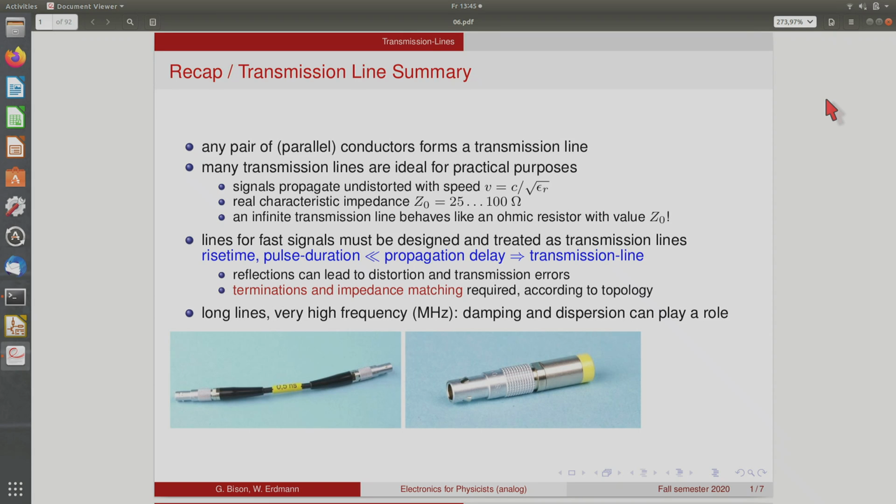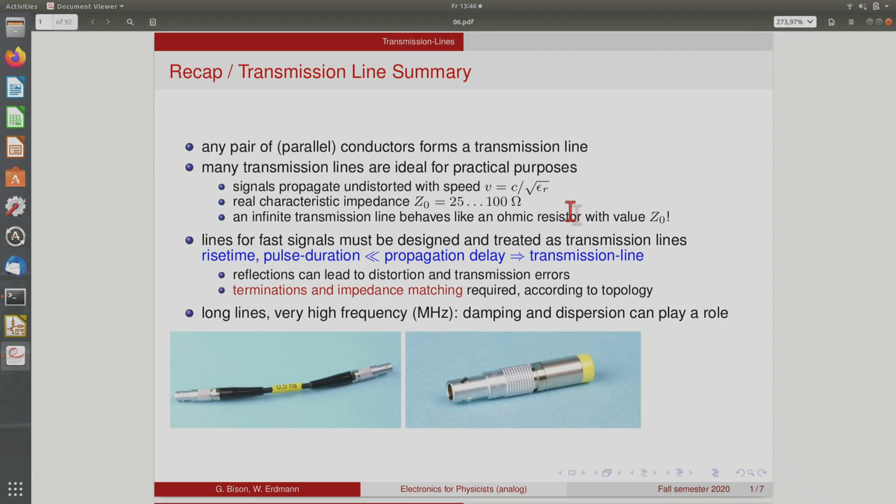So signals will propagate undistorted with a finite velocity. So there will be some time between signal going in and signal going out, and the velocity is given by the speed of light in vacuum divided by the square root of the dielectric constant, sorry.